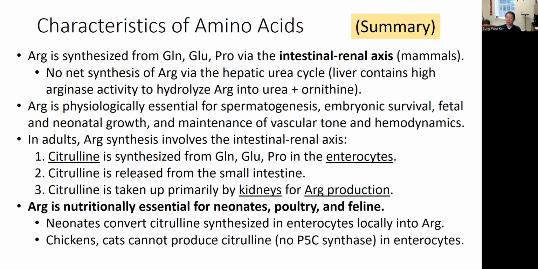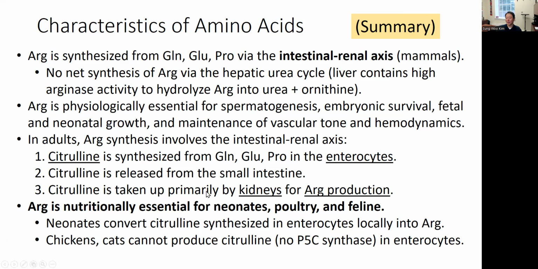This arginine is trapped in the urea cycle because arginine will be very efficiently converted to ornithine as it provides urea. So the arginine in the urea cycle will not provide arginine to the body. That's one misconception that people may have, saying, oh, arginine is made all the time in the urea cycle, so it is not essential. But that arginine is not useful for the other tissues.